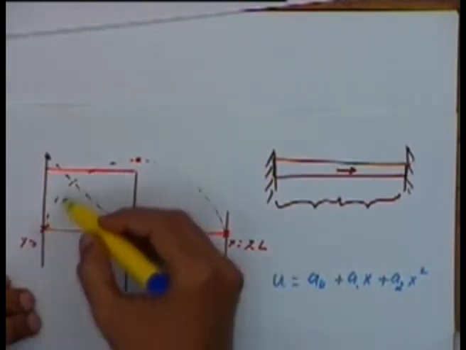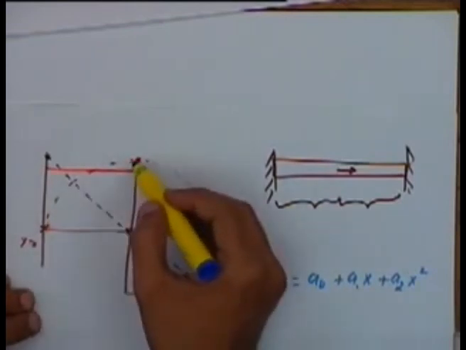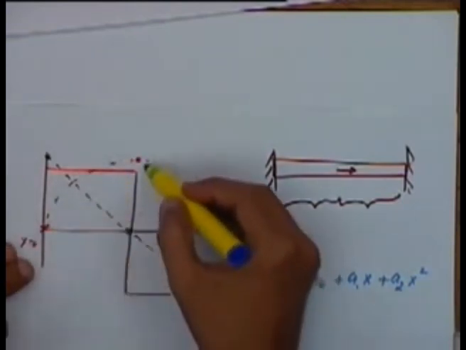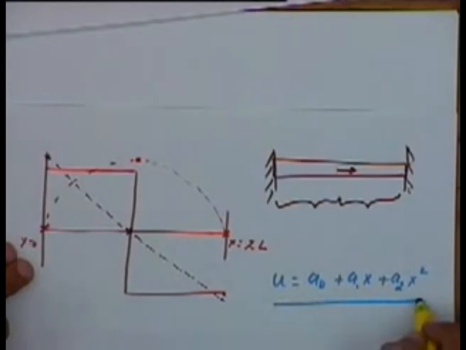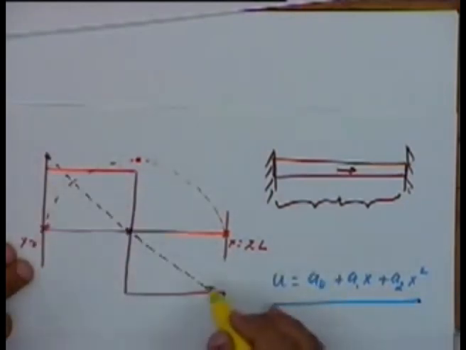So we will probably have a different mathematical description for u in this part and in this part. Since this assumption itself was wrong, we are not getting the correct result, and there is some error between the actual and the result that we have found.